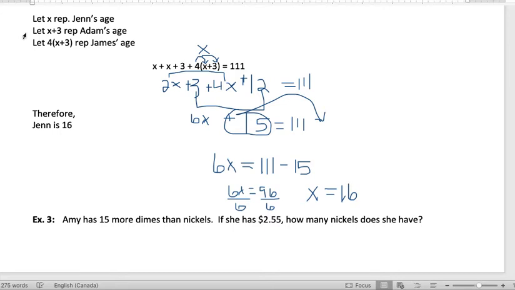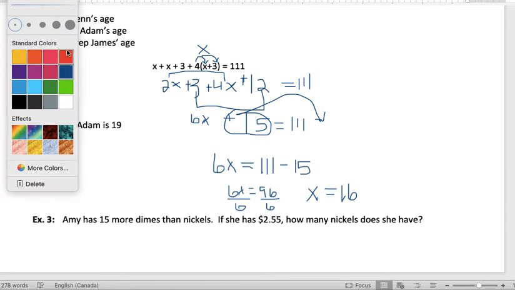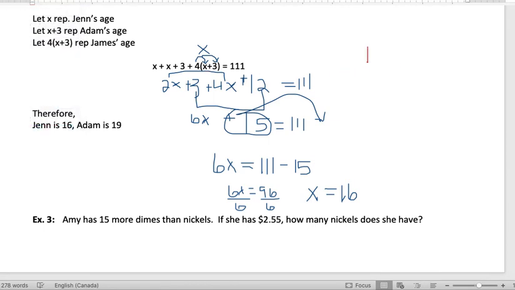And then Adam is x plus 3. So 16 plus 3 is 19. So Adam is 19. And then we've got to figure out James's age. So James's age is 4 times x plus 3.